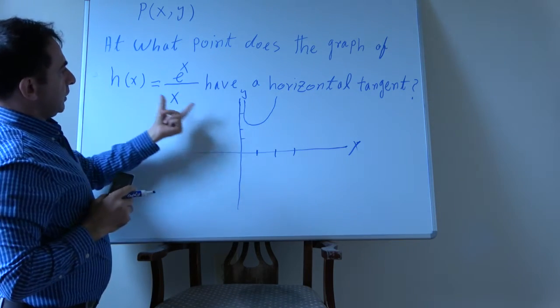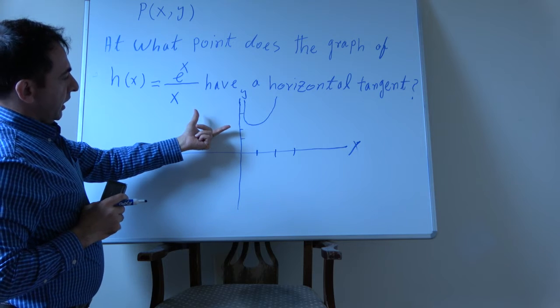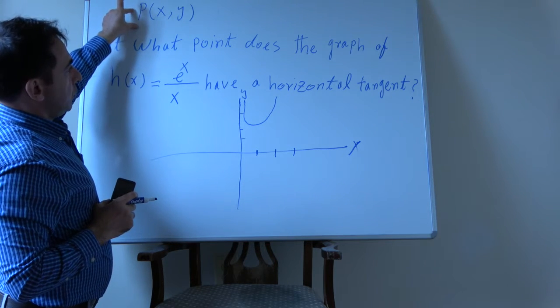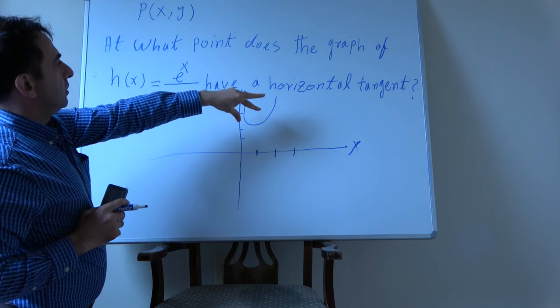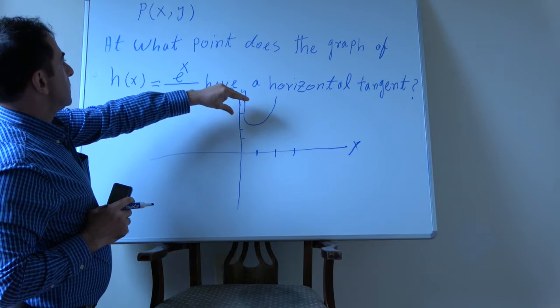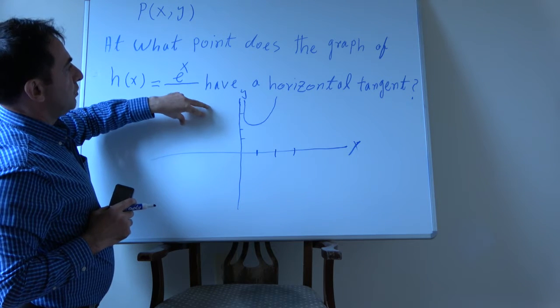So this is the graph of this function, and at which point would the horizontal tangent be, that is, the slope would be 0?